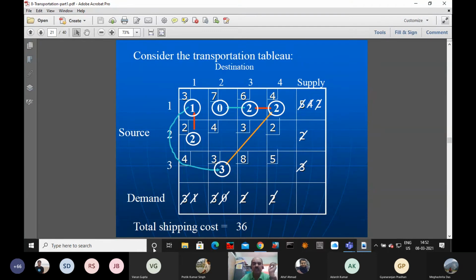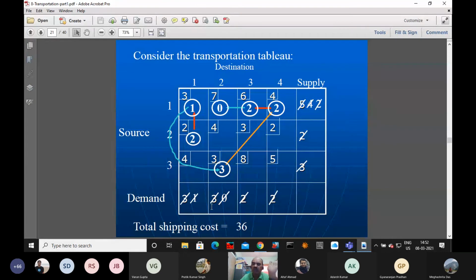Now we come to the next minimum. What is the next minimum? See, this 3 is gone, nothing is left out here. So we have these 3, that is the next minimum. With respect to these 3, the cell is third row and second column. In the row there are 3 units, and in the column there are 3 units.